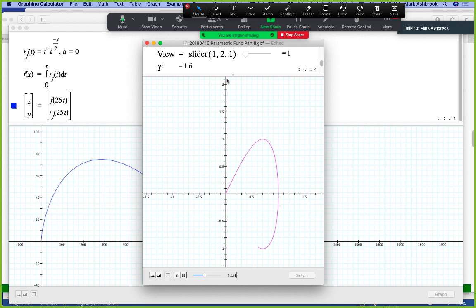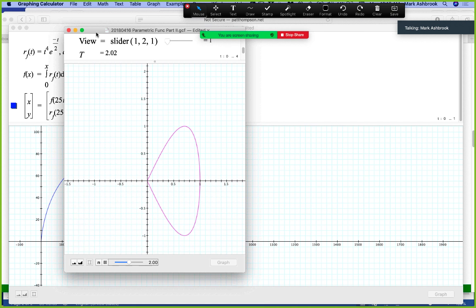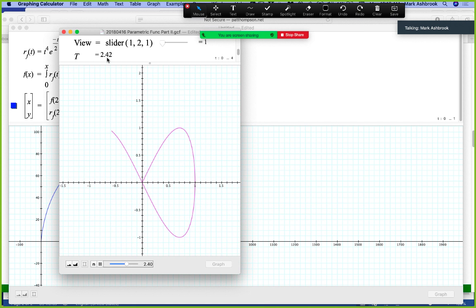So you can see the t value up here. So now t is 3 right now, and now t is 3.5 right now, and then it's going to start over at t equals 0, t equals 1 right there.